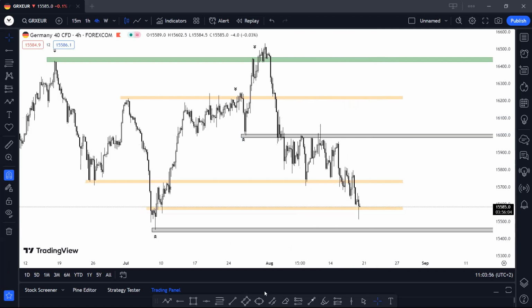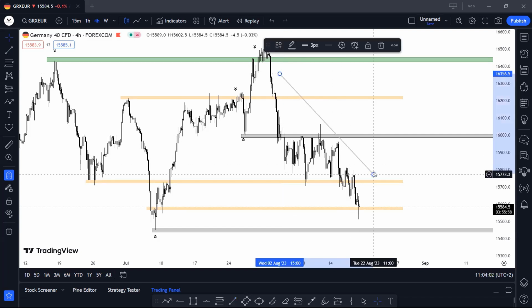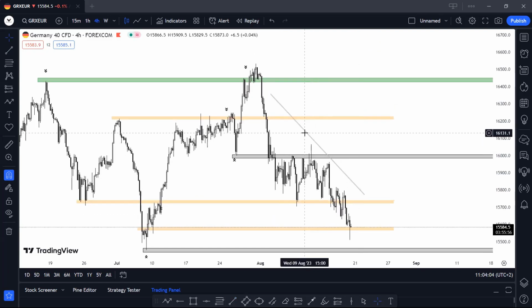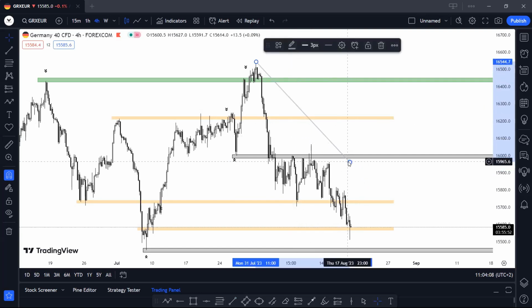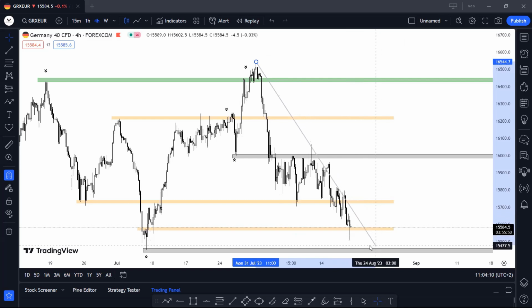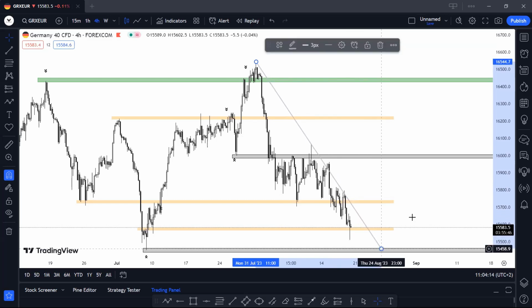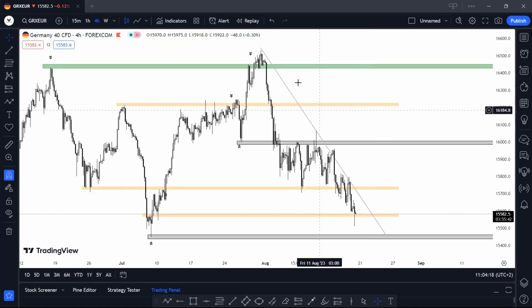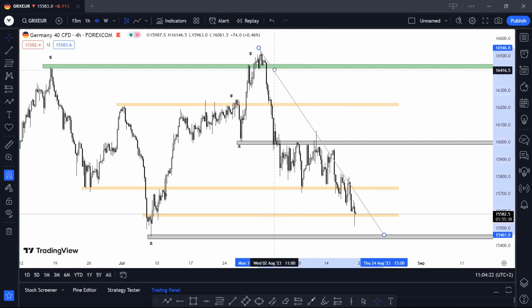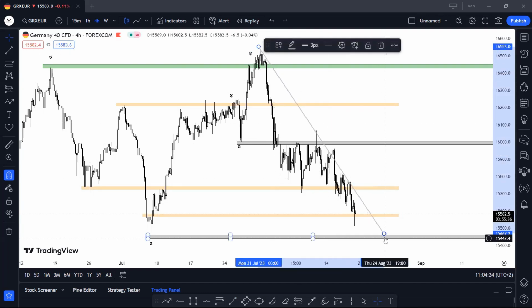So here I think we can look to add a trend line. Maybe it can help us out here, but already the structure is clear here. You understand? This is in a bearish market structure. I'm just saying that the trend line could be of help. So as you can see, here in this case, a trend line, okay, let me just fix this to make sure that it's a valid touch.